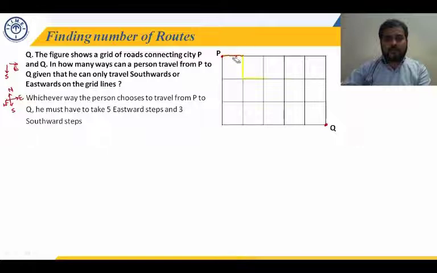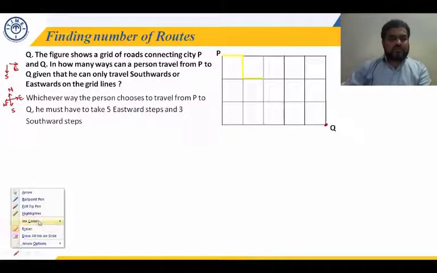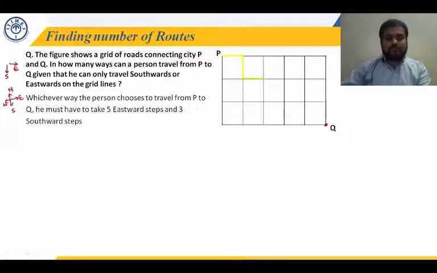Now can you see that clearly? So focus on this yellow line. Whatever is visible on this grid line, he has taken 1 step east, 1 step south, another step east. Further he takes 2 steps south, then he takes 3 steps east and he reaches Q.